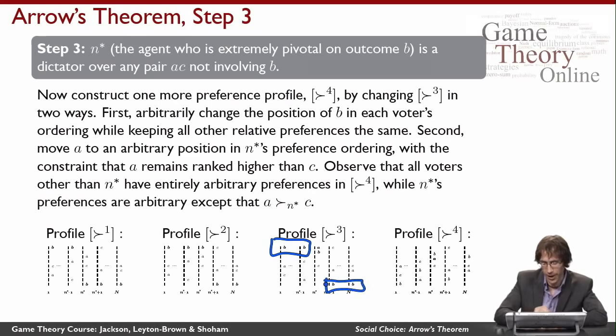Those are the only things that we had bold in those figures, because that's all we assumed. All this other stuff here is just completely arbitrary. Furthermore, n star also has arbitrary preferences, except for the fact that A is preferred by n star to C.